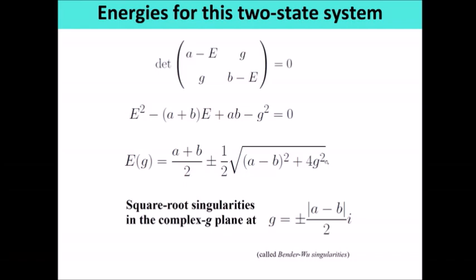That is, in the complex g-plane, there are square root singularities where this is 0. So that's where g is equal to the absolute value of A minus B times i divided by 2. These singularities are called Bender-Wu singularities.